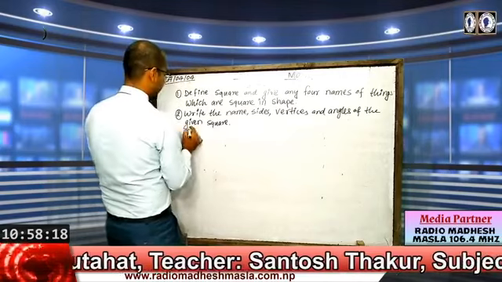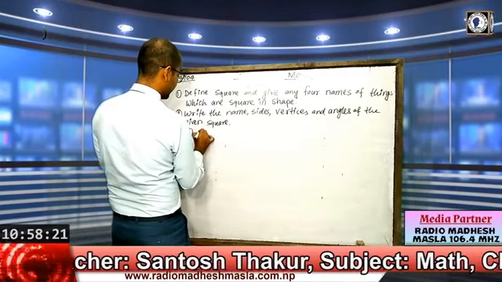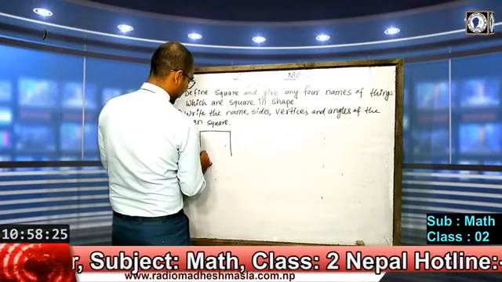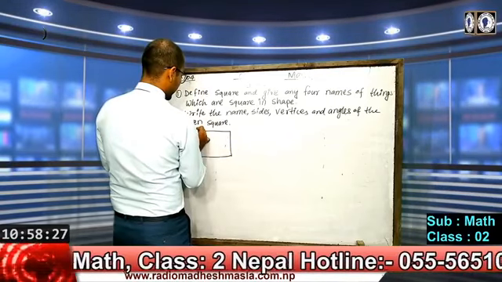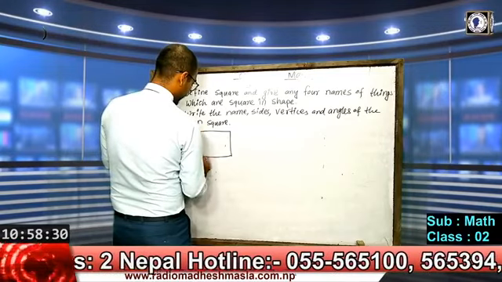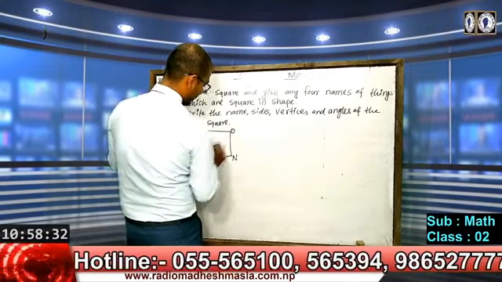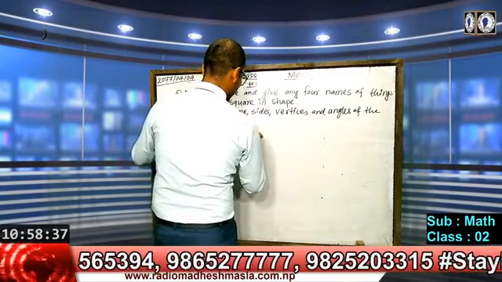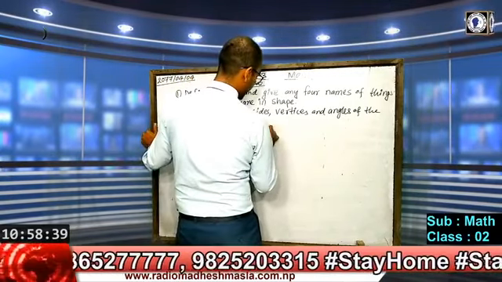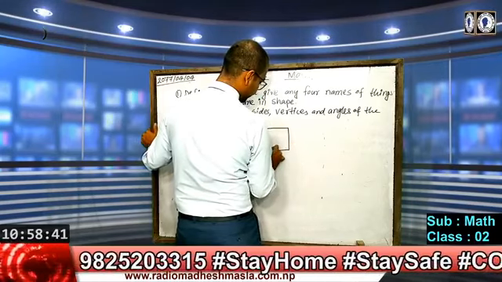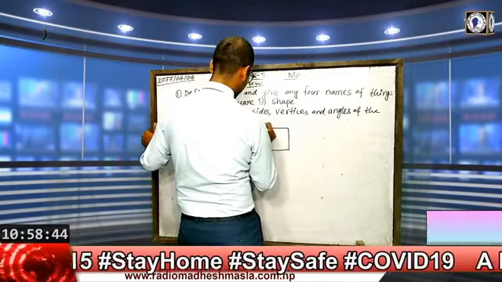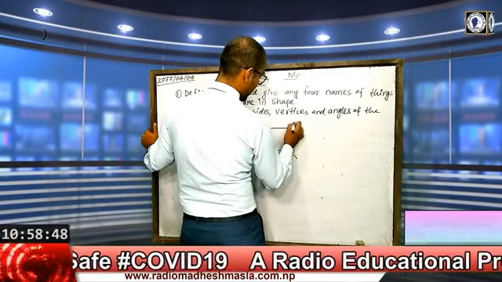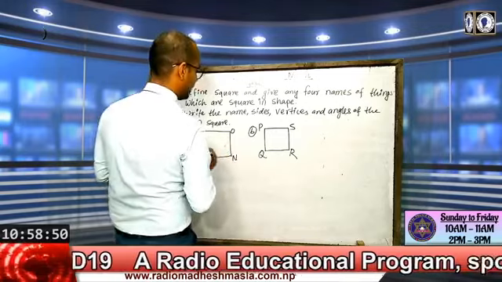You should draw a square and give the names L, M, N, O. Then draw another square for question number B and give the names P, Q, R, S.